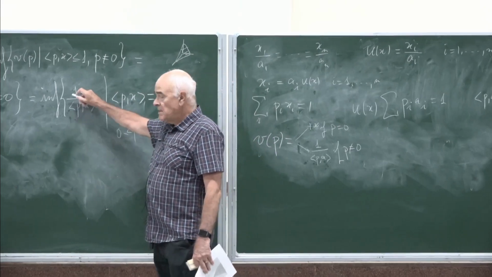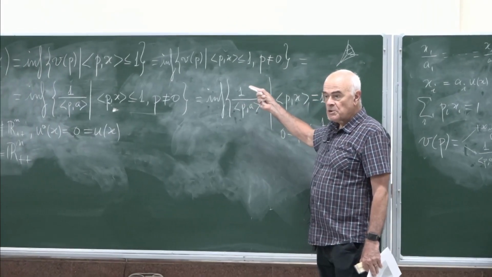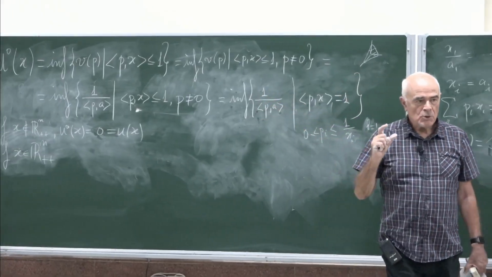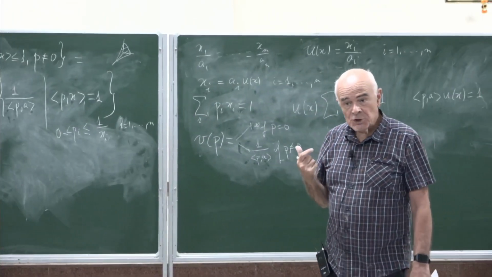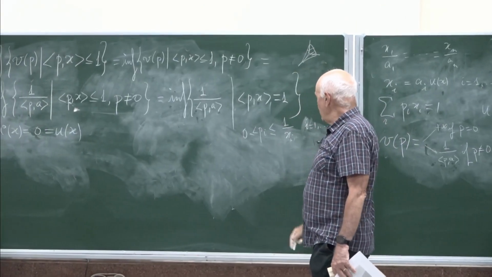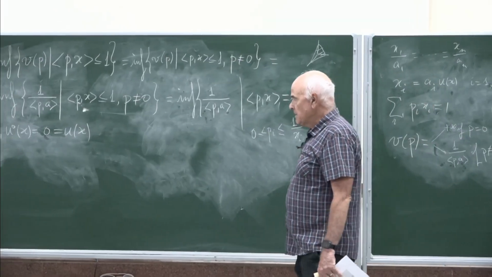And minimizing this function is equivalent, as we already observed, to maximizing its reciprocal. And so if I want to maximize this linear function over this convex polytope, I just need to consider the vertices.